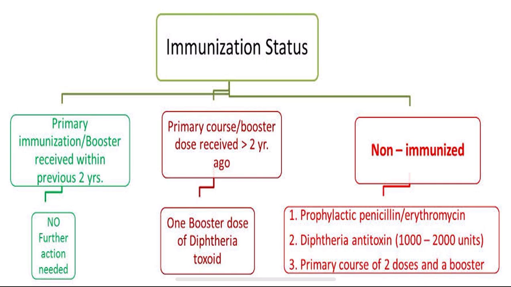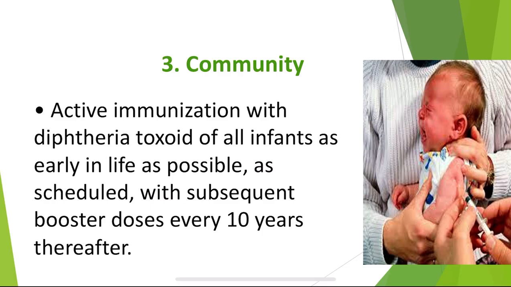For the person who is non-immunized, the prophylactic penicillin or erythromycin has to be given. The diphtheria antitoxin 1000 to 2000 units has to be given, and the primary course of 2 doses and a booster is followed.